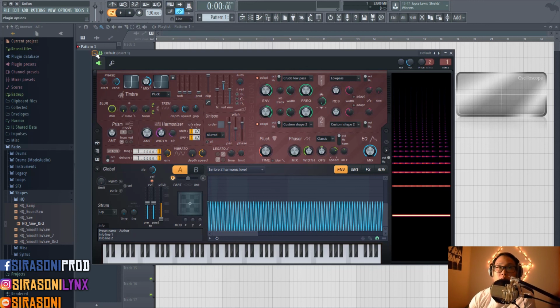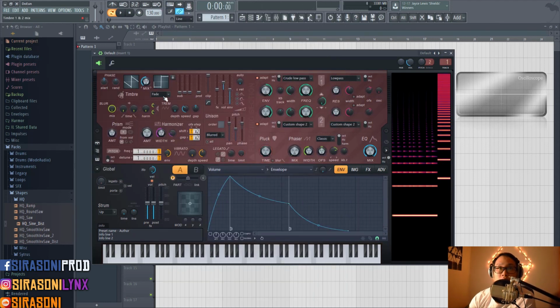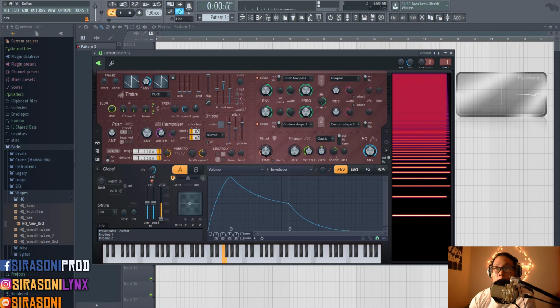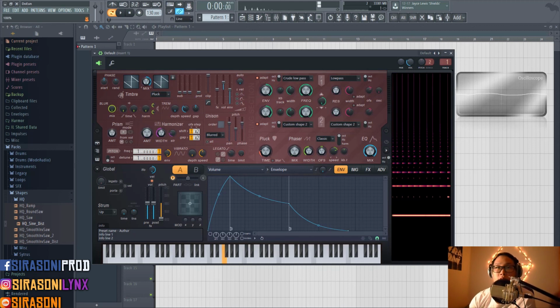Come on, let's put it to default. You guys can see that's what is happening right now. You can see the square harmonics are being plucked away at a faster rate than the saw, whatever is in Timbre 2. Nice. Again, not very useful, but hey, I'm sure one of you guys could come up with a neat sound design.